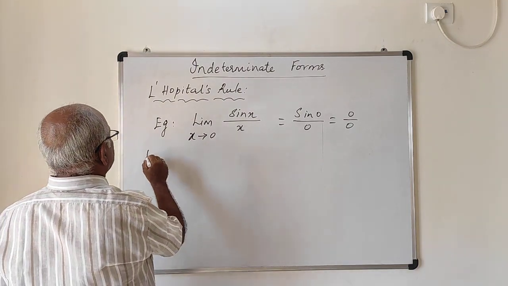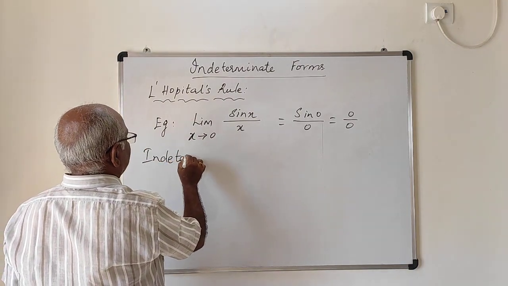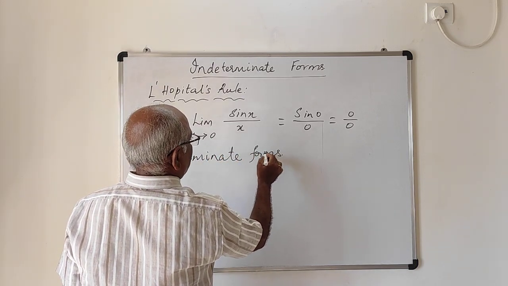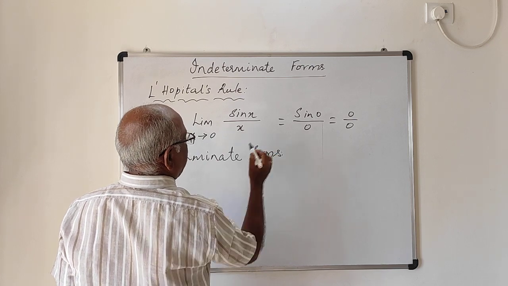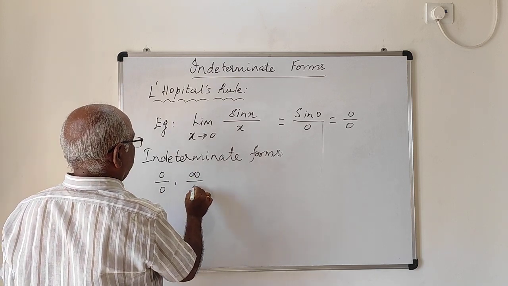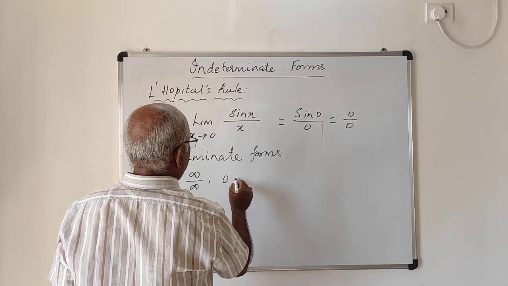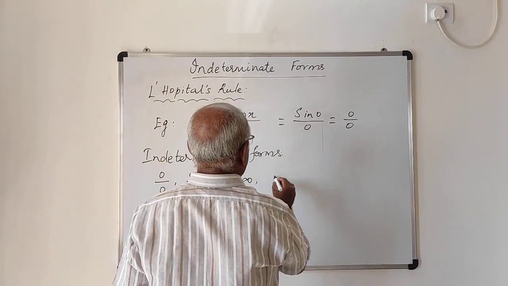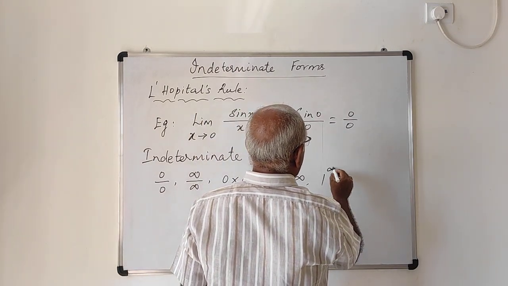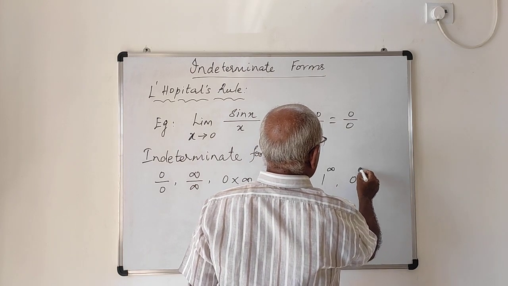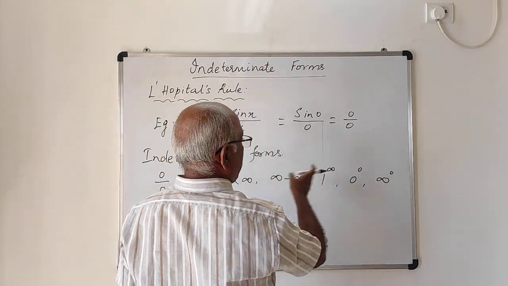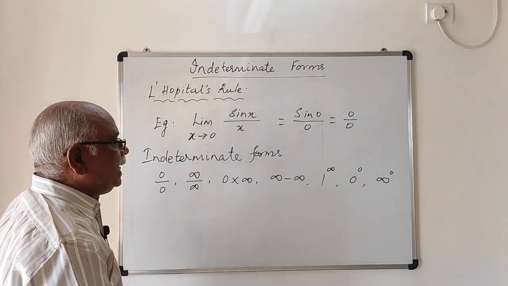Some indeterminate forms are: 0 by 0, infinity by infinity, 0 into infinity, infinity minus infinity, 1 power infinity, 0 power 0, infinity power 0, and so on. These forms are called indeterminate forms.